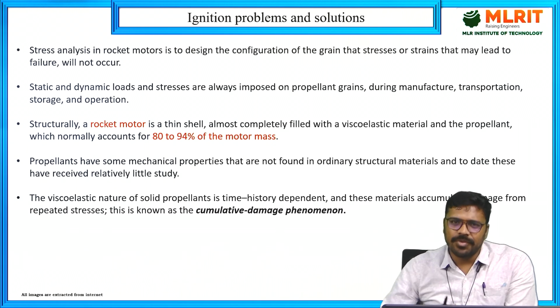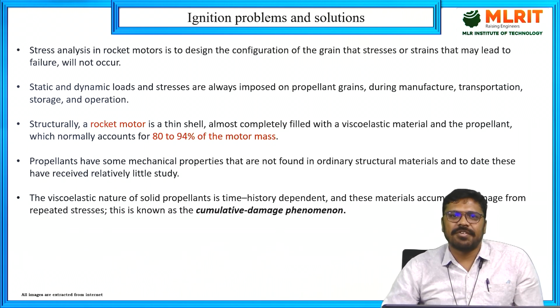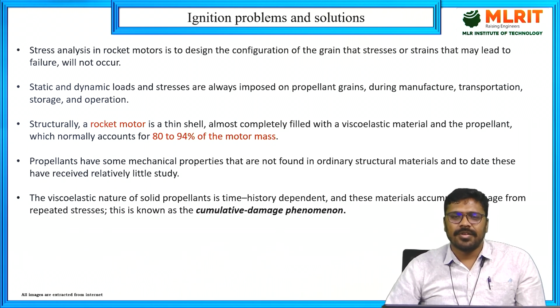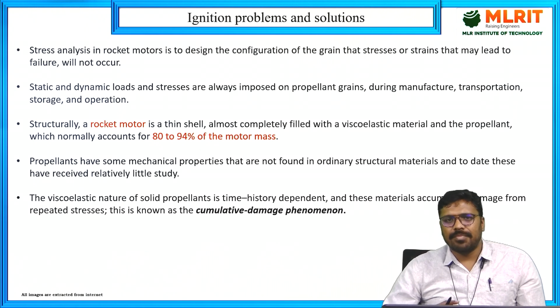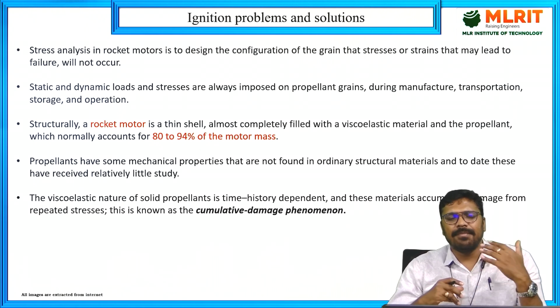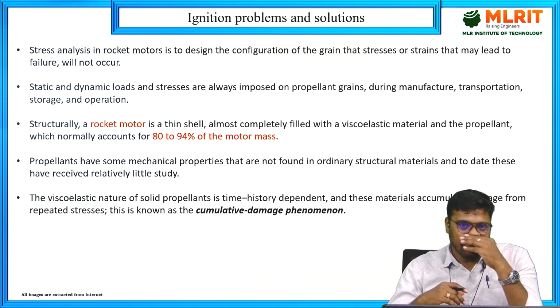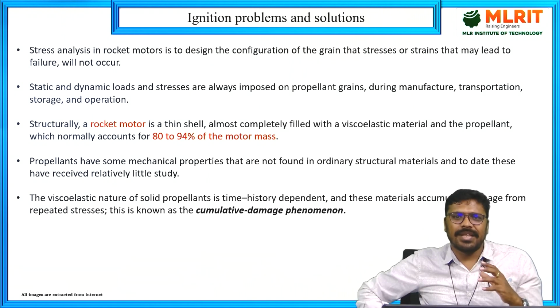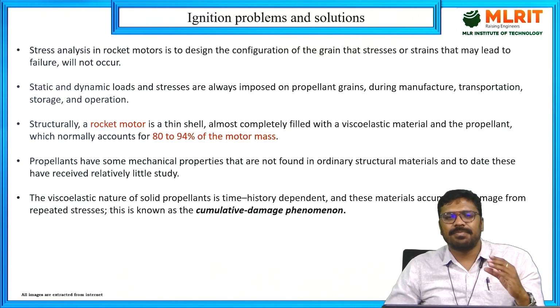During this process some stresses develop in the propellant grain. Whenever the propellant grain starts to burn, it undergoes high pressures and temperatures because of the burning. So whatever the propellant grain structure, it should resist these pressures and temperatures.